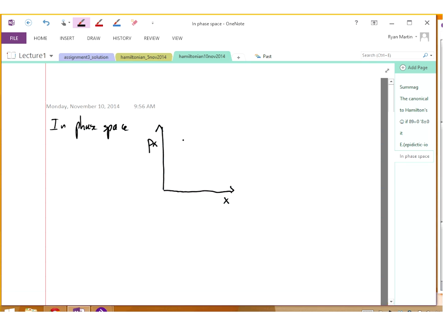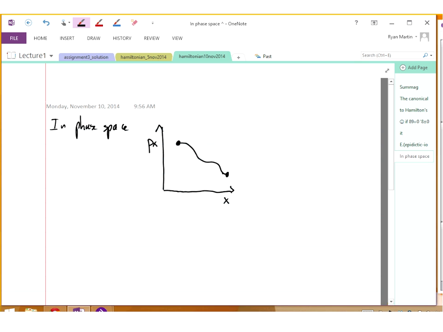So now, if I have a particle that starts out in phase space at a certain position, it's going to take a path and end up at some later time at some other position.